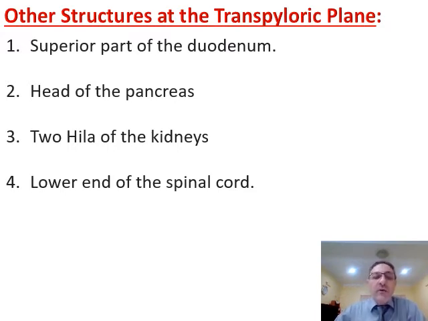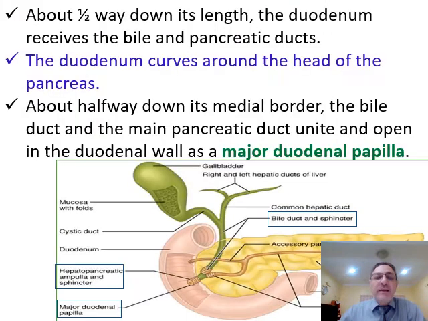So in the transpyloric plane, we have the superior part of duodenum, the head of pancreas, the 2 hila of the kidneys, right hilum and left hilum, and the lower end of spinal cord. All these structures run through the transpyloric plane.